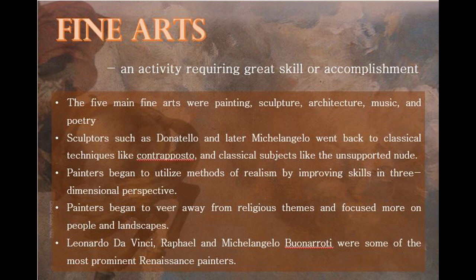Painters began to utilize methods of realism by improving skills in three-dimensional perspective. Painters began to veer away from religious themes and focused more on people and landscapes. Leonardo da Vinci, Raphael and Michelangelo Buonarroti were some of the most prominent Renaissance painters.